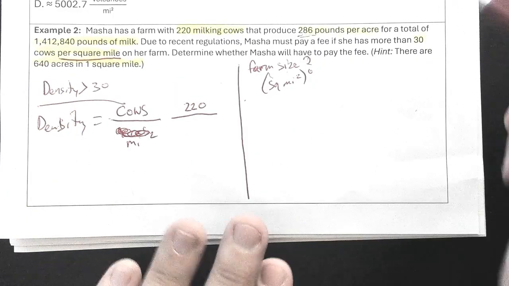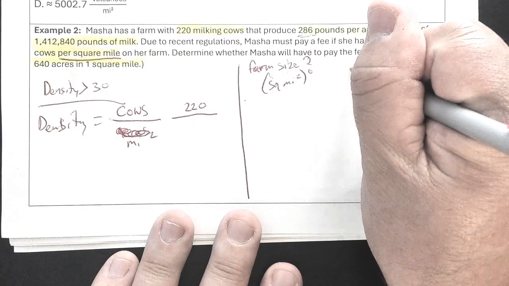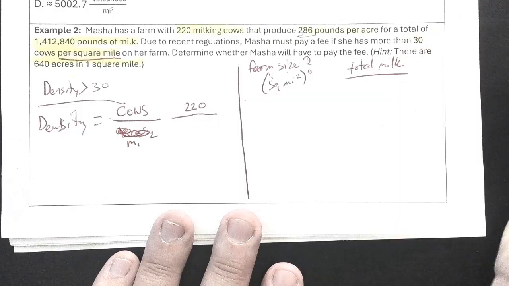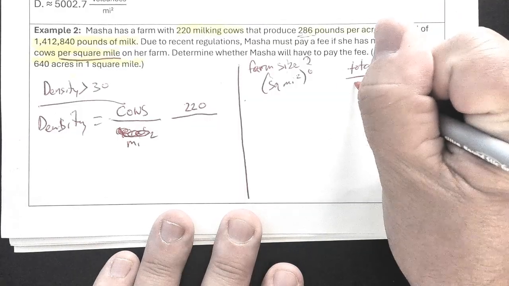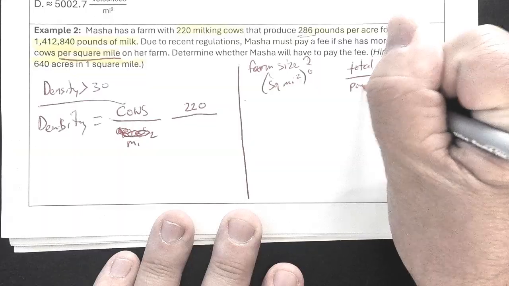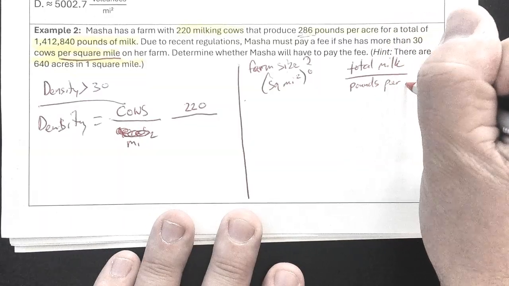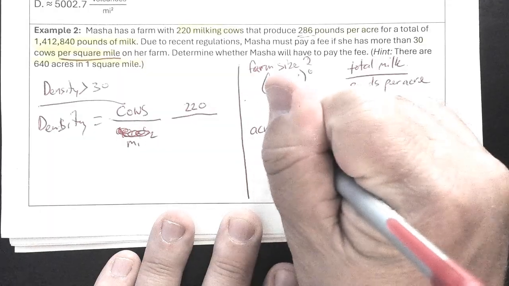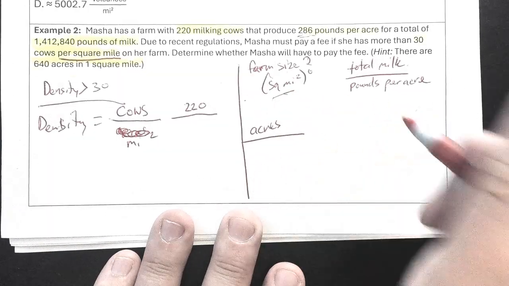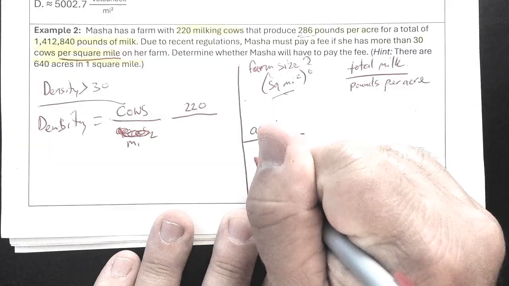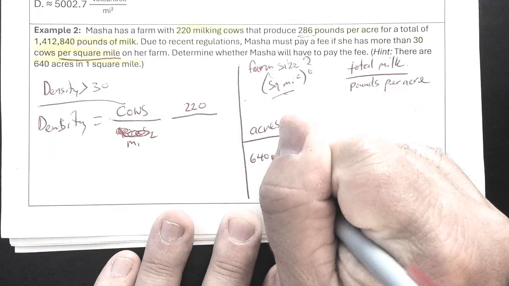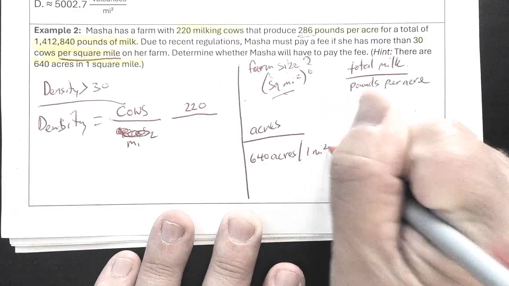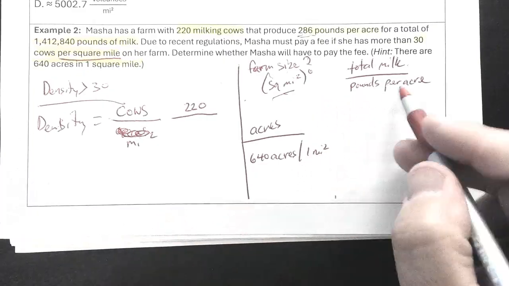So farm size is going to be the total milk divided by pounds per acre. And this is going to tell us the farm size in acres. So then we need to convert it to square miles. So the next step will be, it told us that 640 acres is 1 square mile. So first we're going to do this.